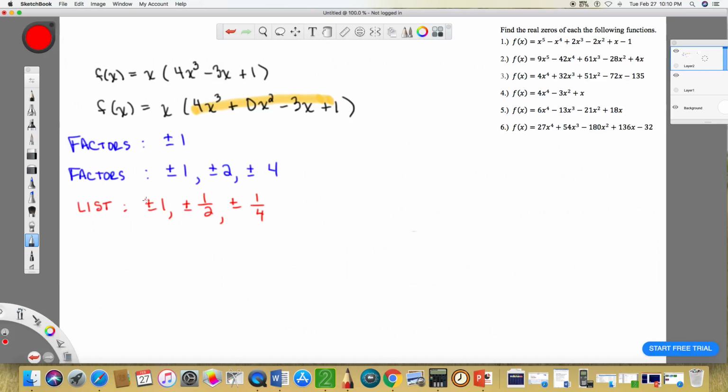So let's look at 1 and negative 1 first before we try fractions and synthetic division. I mean, if you want to, we could, but I usually just go with the integers first.